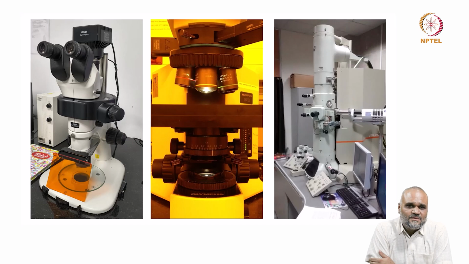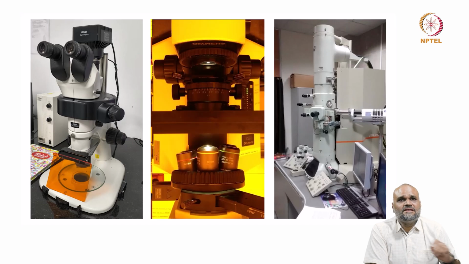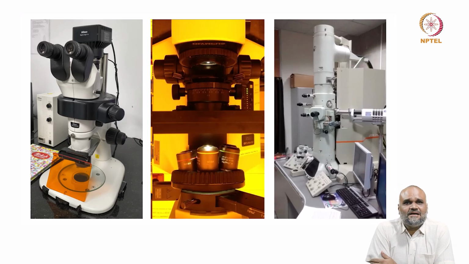Now, to start with and to understand how the microscope functions, let me recall this image which I showed you earlier. In this slide, you can see a stereo microscope, a compound microscope, and a transmission electron microscope. If we flip the image in the middle, this is how the layout and components of the transmission electron microscope were introduced.